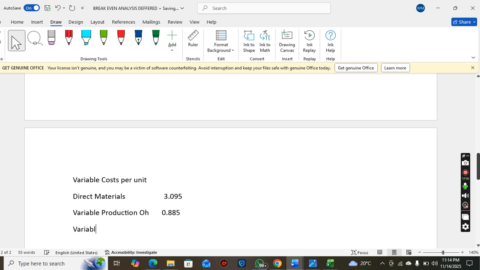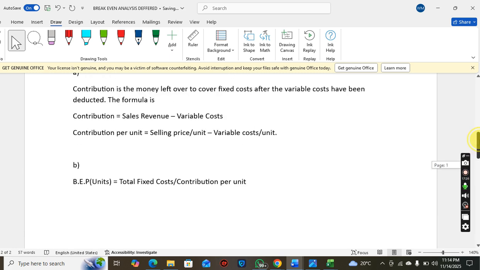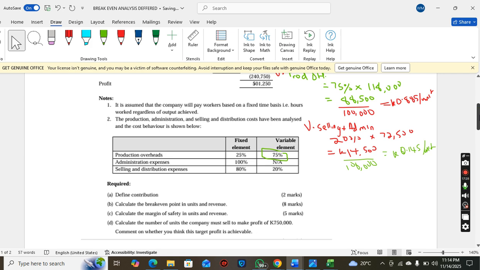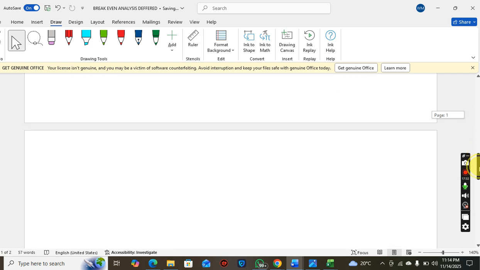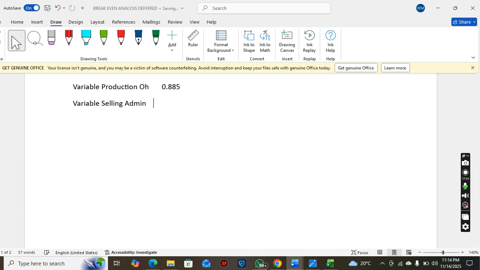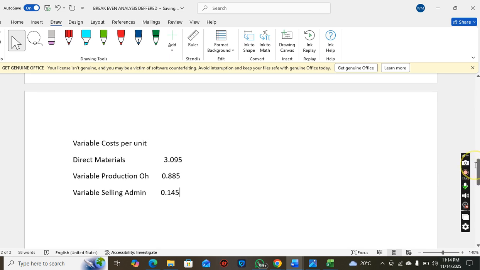Variable selling and admin, 0.145. Okay, so let's get the total variable cost per unit.